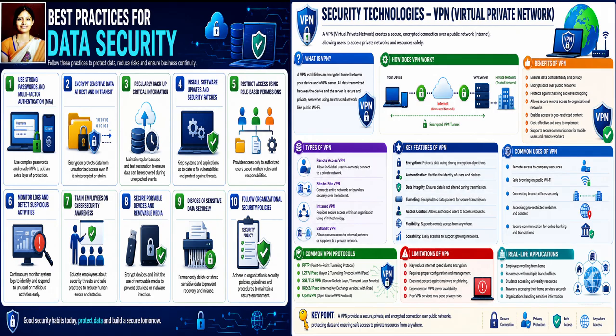Now we can also understand the types of VPNs. There are mainly different types of VPNs: remote access VPN, site-to-site VPN, internet VPN, intranet VPN and extranet VPN. A remote access VPN allows individual employees to securely connect to an organization's network.